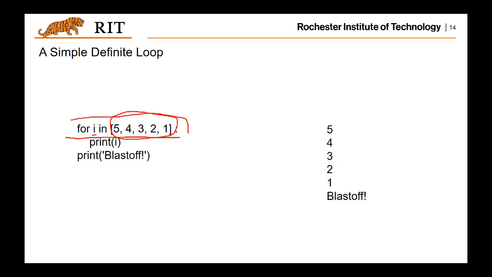If you look at the whole line of code, it says you want to check each of the elements inside this list, and for each element, you just want to print its value. And after you have gone through all the elements inside this list, you go outside of the loop and print blast off. So that's how a definite loop works.